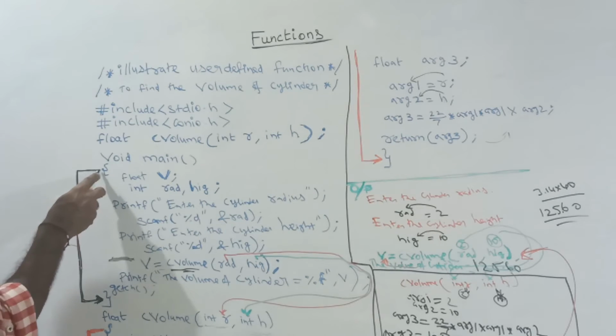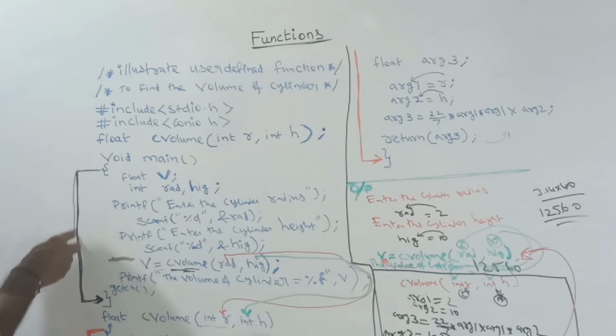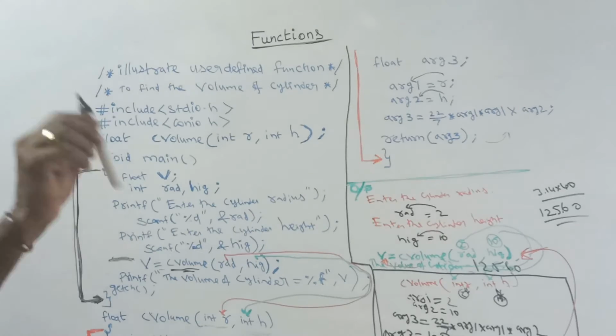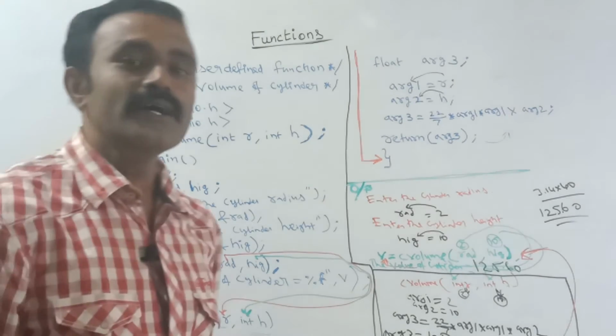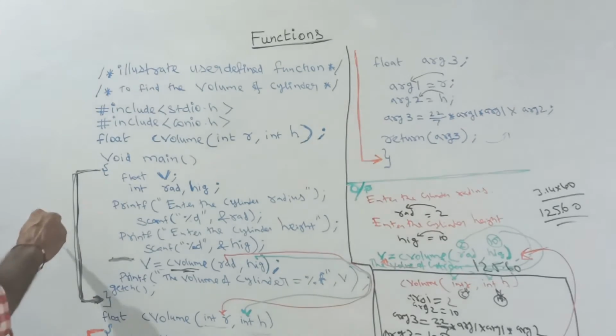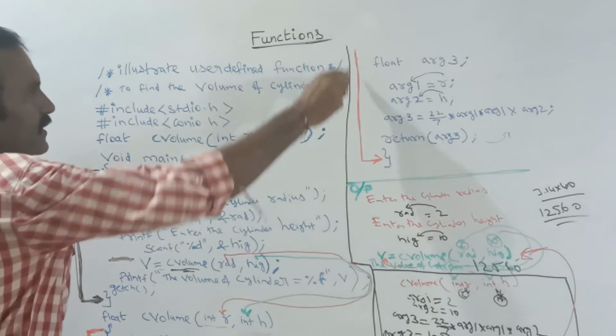So the controller each and every time moves in this direction only. Suppose there is any user defined function inside, it will jump to that function, execute it, and return back to the main function. See, this is the main function, and this is the user defined function, the red line.